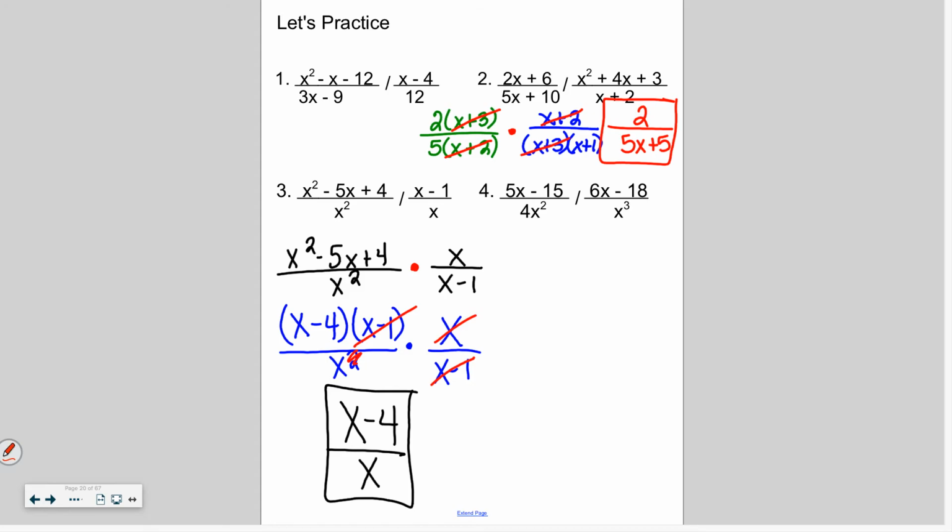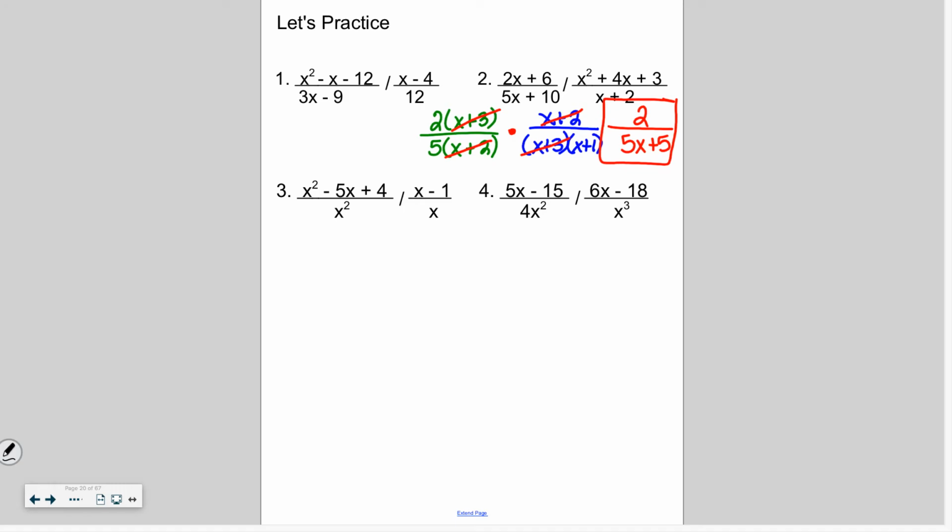The next one, you can pause the video if you need to. I'm going to erase this. We're going to keep the 5x minus 15 over 4x squared. We're going to change it to multiplication. And we're going to flip. So x cubed over 6x minus 18.